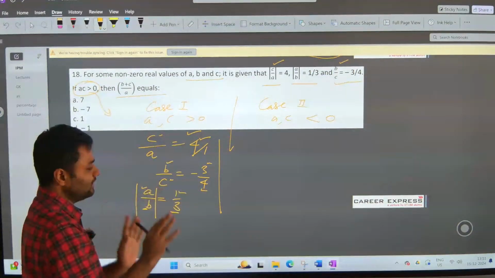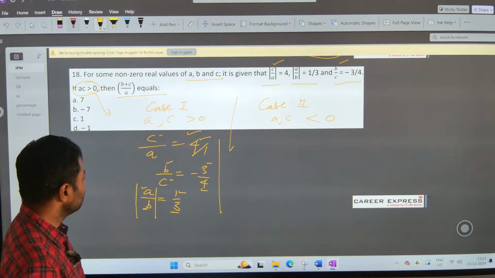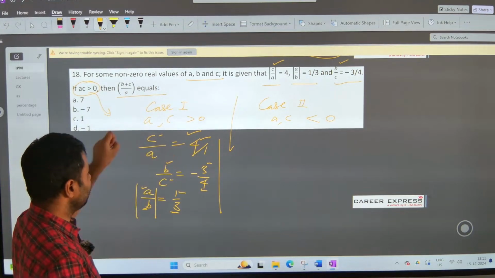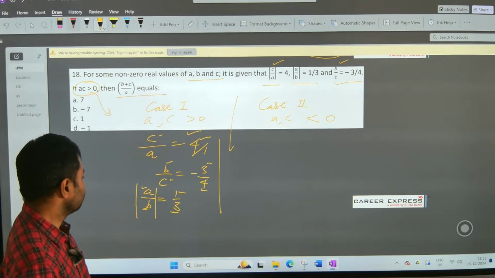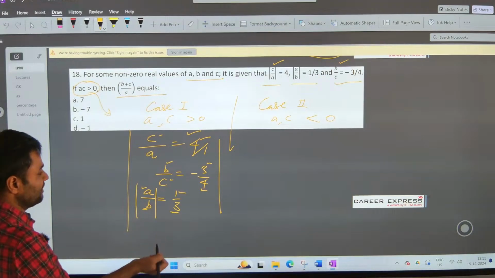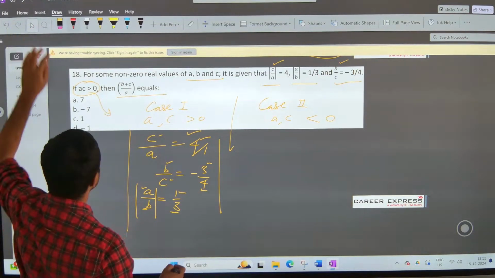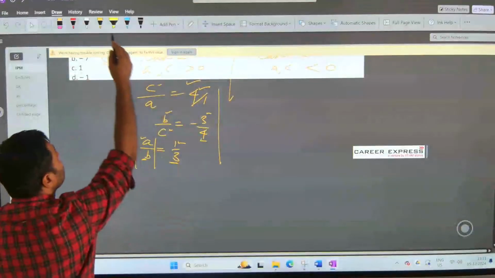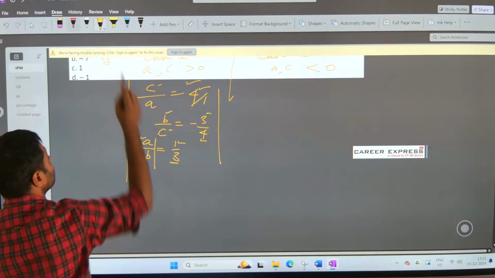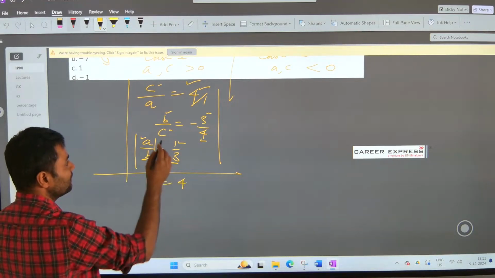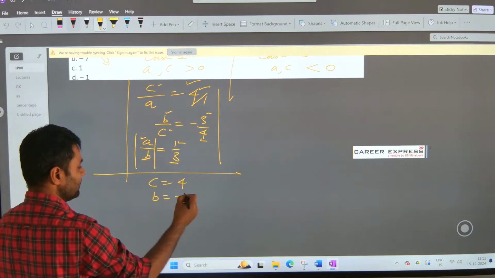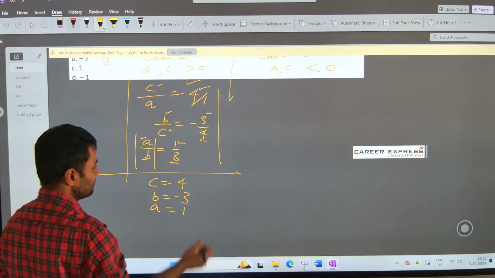So in all these three fractions, the number and the parameter corresponding to that have the same relation. So I can simply conclude from the observation that C is positive 4, B is negative 3 and A is positive 1.